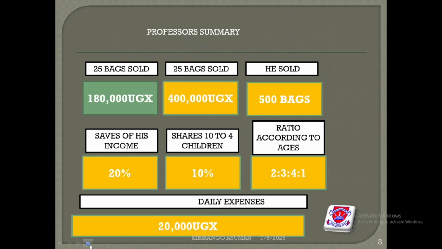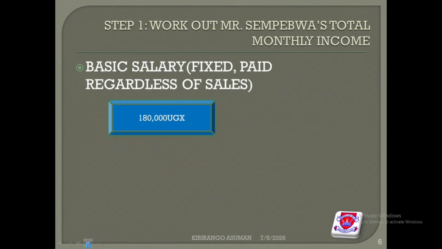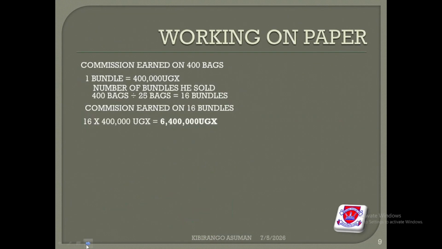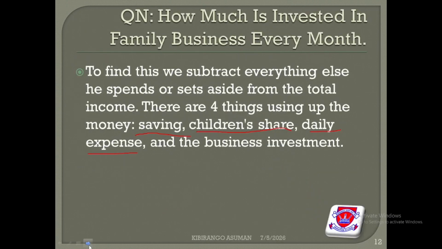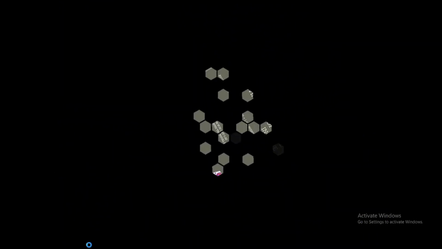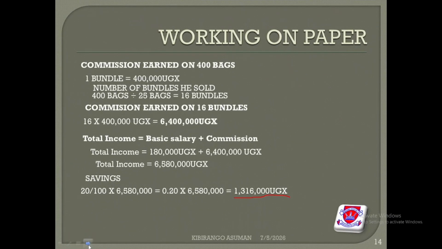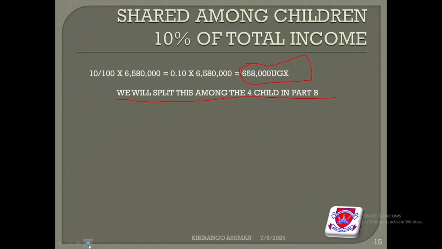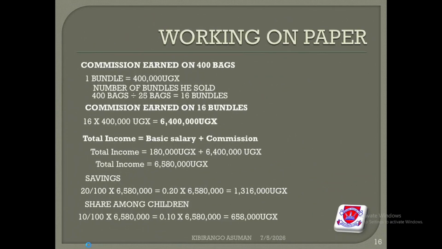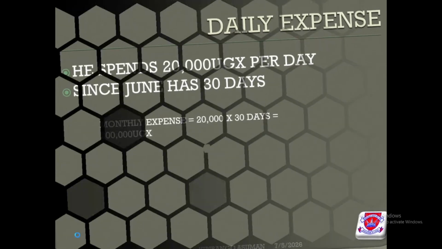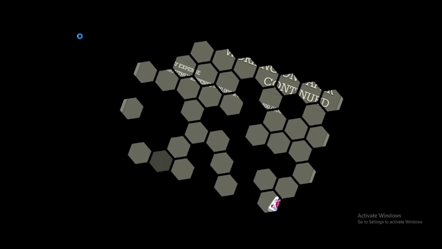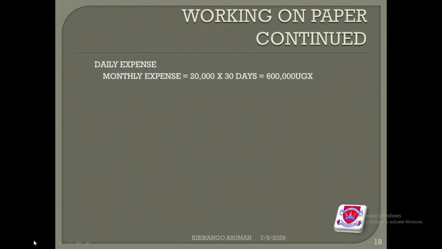So we need now to go to where we had stopped, and we will find out the shares among the children, and the daily expenses. Remember that each day he spends 20k, or 20,000 shillings.